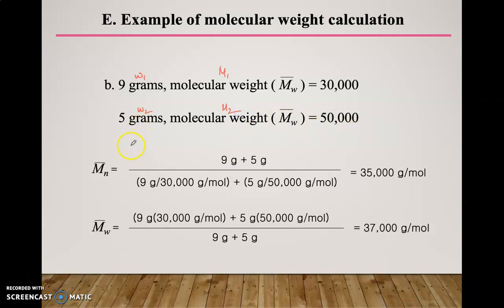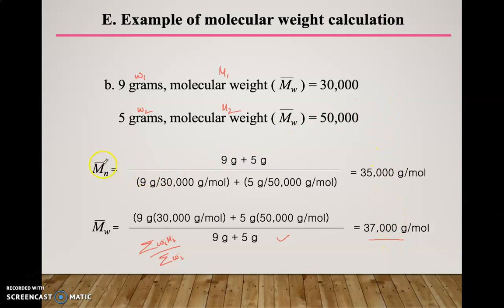Okay, so we know that we can easily calculate the weight average molecular weight simply using the formula summation Wi Mi upon summation Wi. So that is what is used in this particular formula, and we got the value as 37,000.